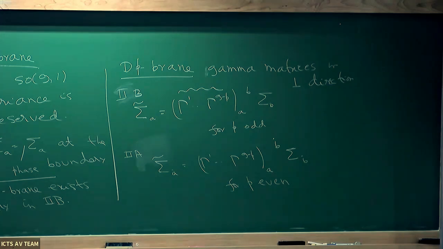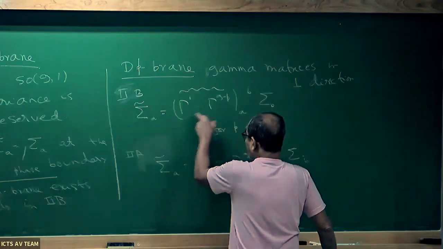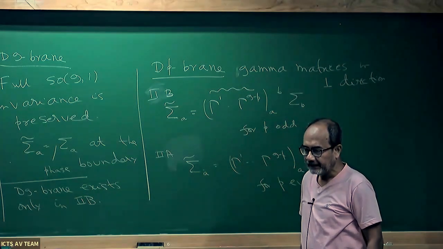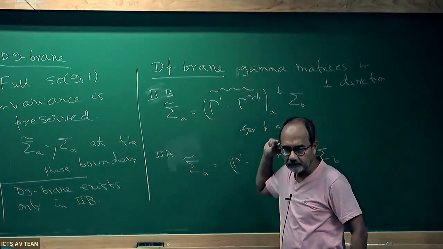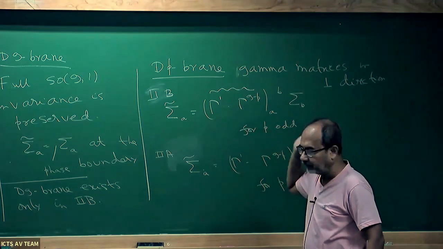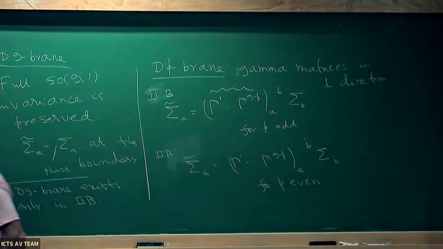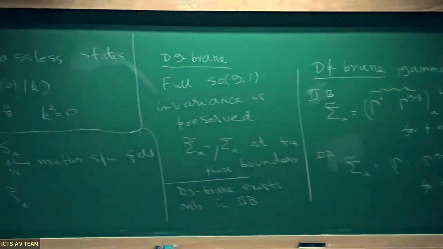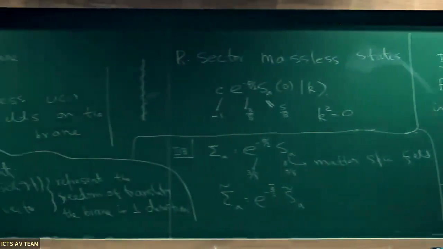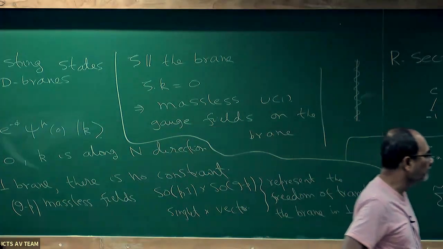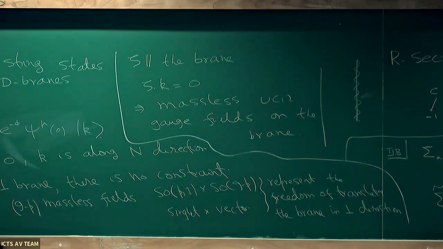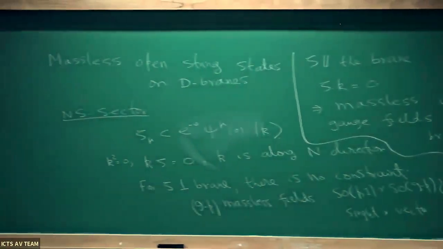Using that, we can rewrite this in terms of a product of gamma matrices in the tangential direction. The important point is that it involves this product of gamma matrices. So this will be consistent with the Lorentz invariance, because that product of gamma matrices commutes with this. Sigma A dot B.